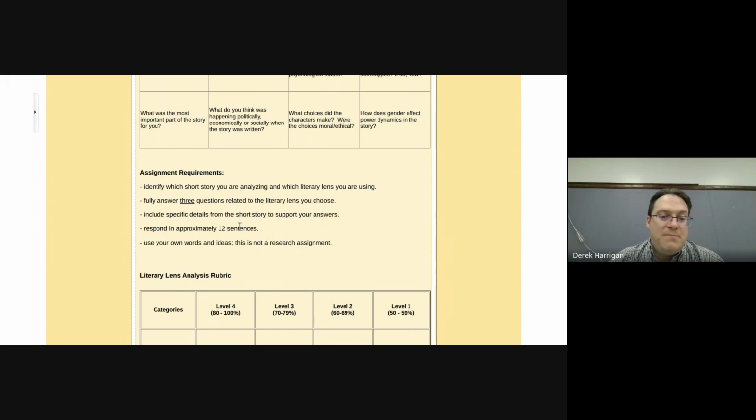I'm asking you to write approximately 12 sentences. I think it would take about 12 sentences to establish your topic and then answer three of the questions. Make sure you do give specific detail as supporting evidence from the story. So you're explaining your answer to these questions, but then you're providing evidence from the story.